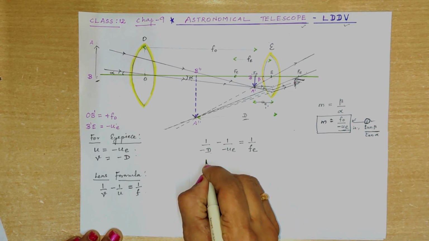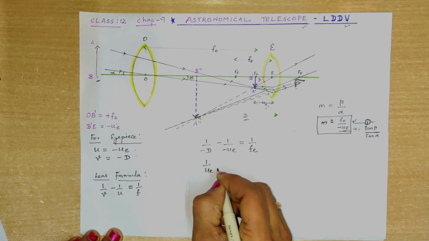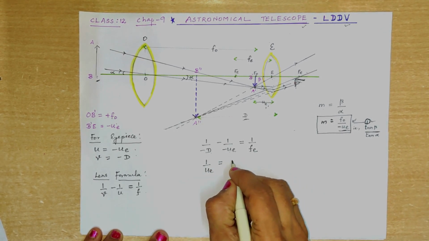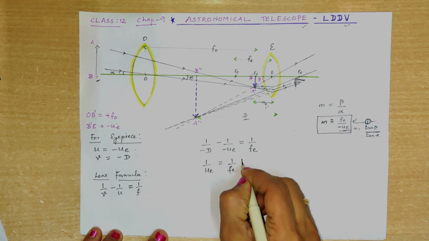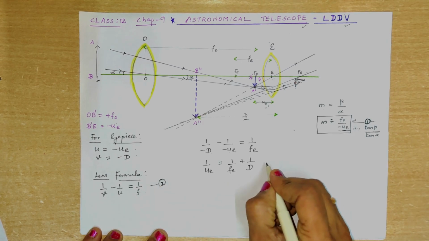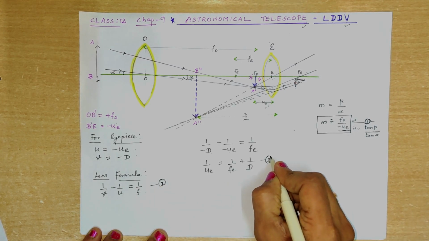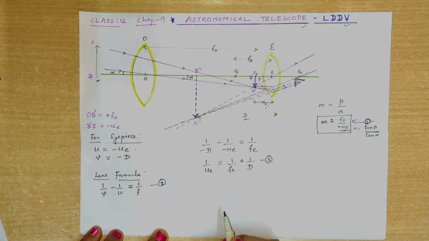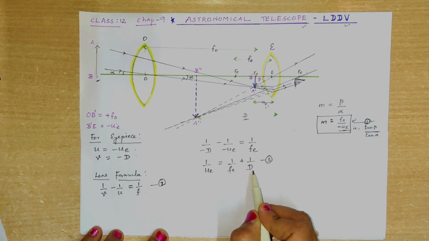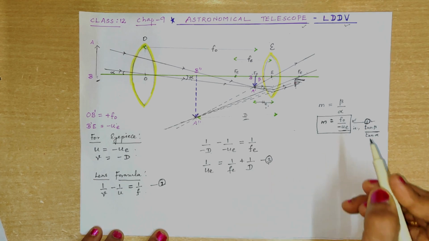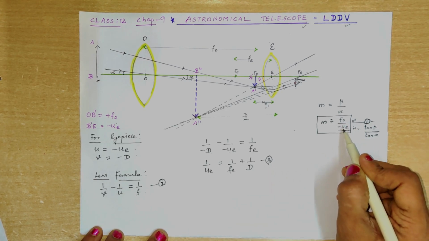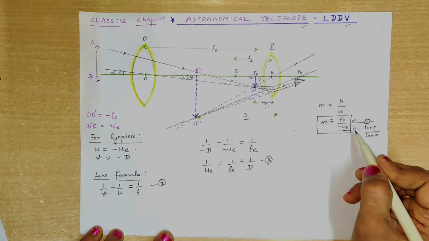Now, we can also rearrange this for 1 by UE, which is 1 upon FE plus 1 upon D. Let this be equation 2 and this be equation 3. Now, we can substitute these equations. This is 1 upon FE plus 1 upon D. You can substitute this in the first expression for magnifying power, where FO upon minus UE is given.